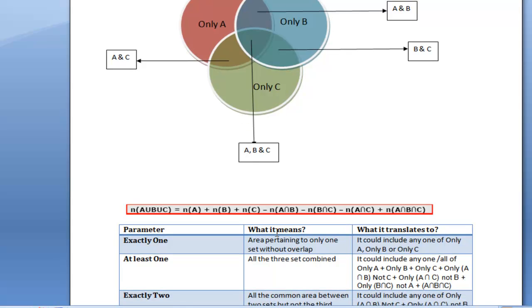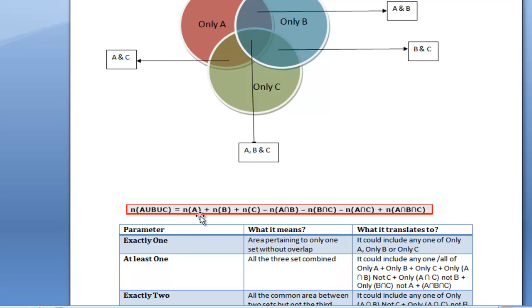This is defined as the number of people taking A, B and C, minus those taking maths and physics, minus those taking physics and chemistry, minus those taking chemistry and maths, plus the intersection of all the three, which is maths, physics and chemistry.